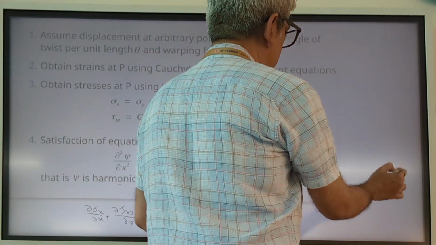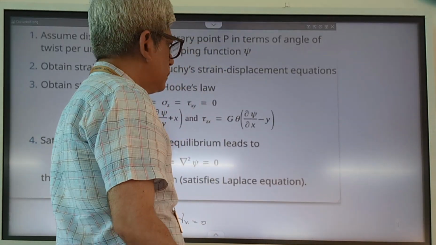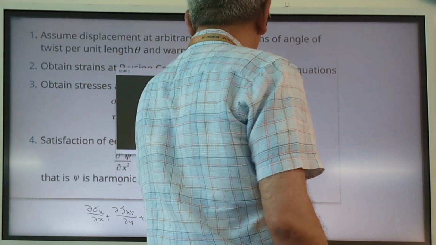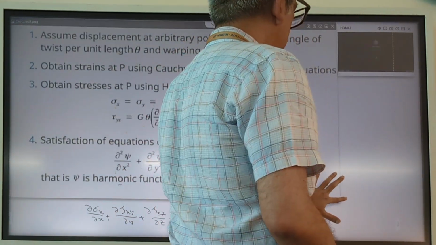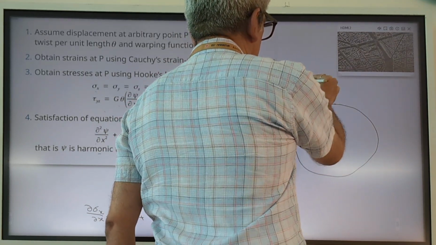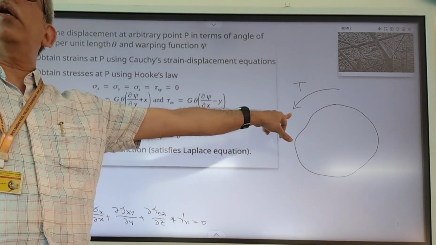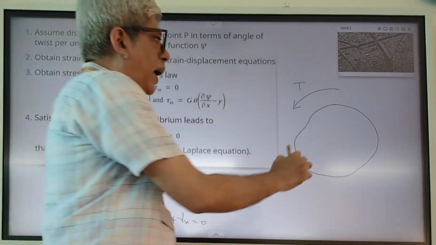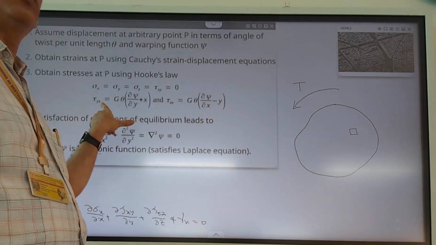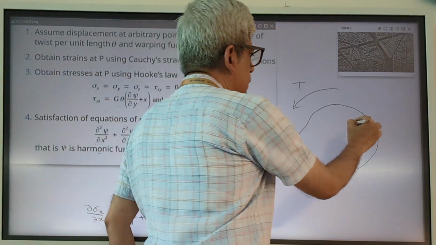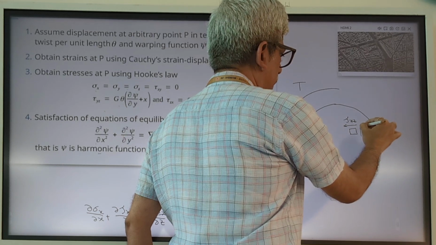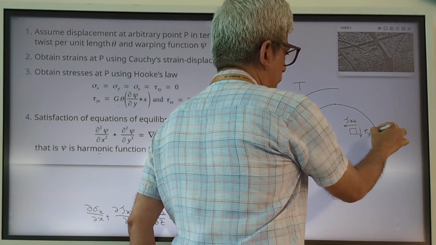In the cross section, the cross section is subjected to external torque T, and at any point in this body we have these two stress states, tau xz and tau yz.